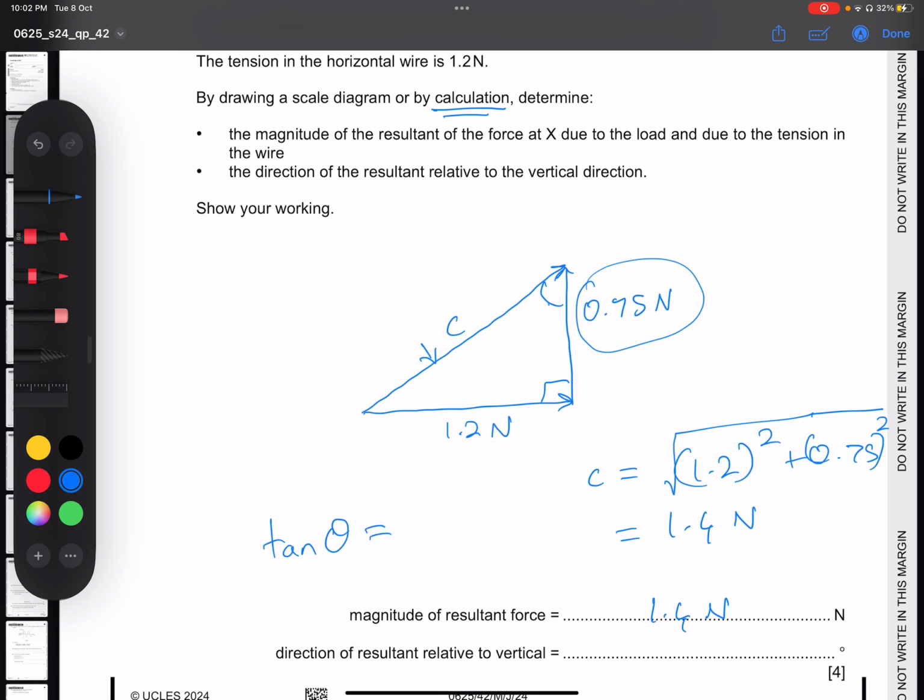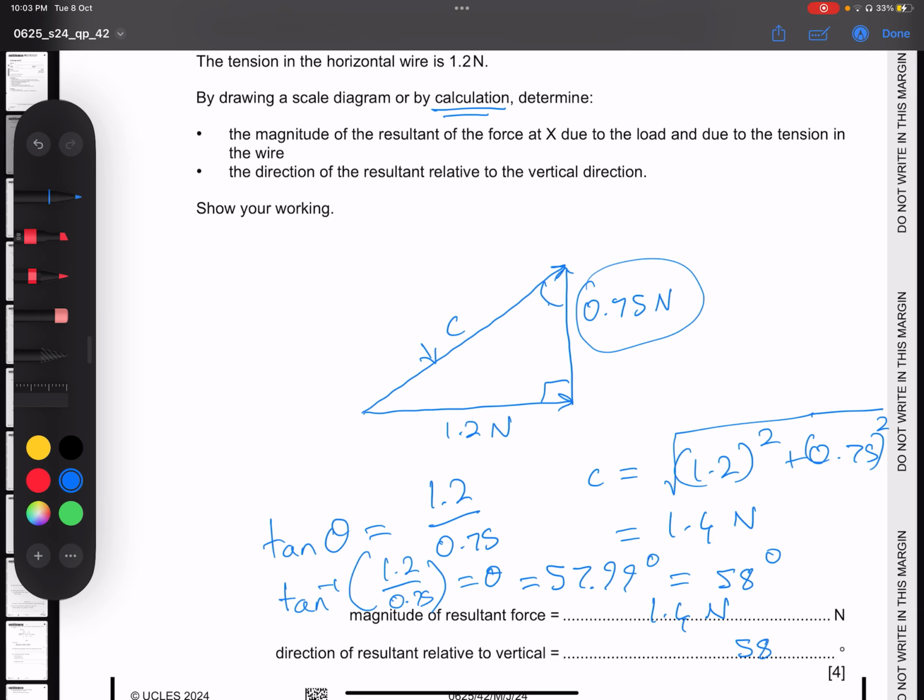So tan theta equals the opposite side, 1.2 Newton, divided by the adjacent side, 0.75. Taking tan inverse of 1.2 divided by 0.75 gives theta equal to 57.99 degrees, or since we're keeping two significant figures for our answers, 58 degrees. So our answer is 58.